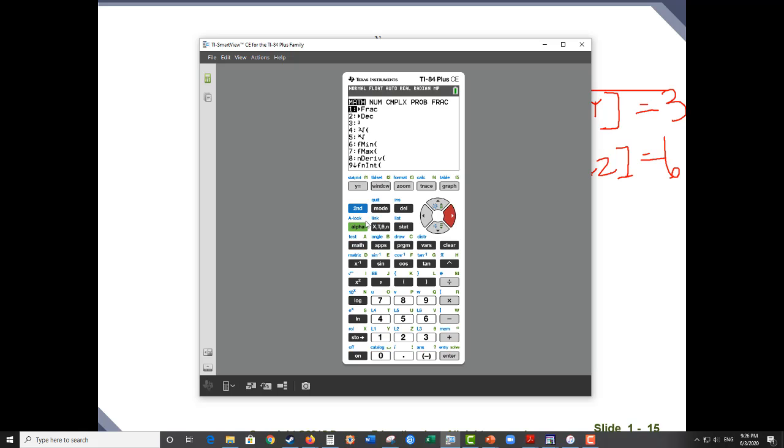If we go to math and go to number and choose integer, and so if I put, let's approximate pi, it's going to tell me that it's 3. It's always going to go back and tell me what it is. So that's a nice handy way of doing it. And this is a command on many different calculators that are graphing calculators.